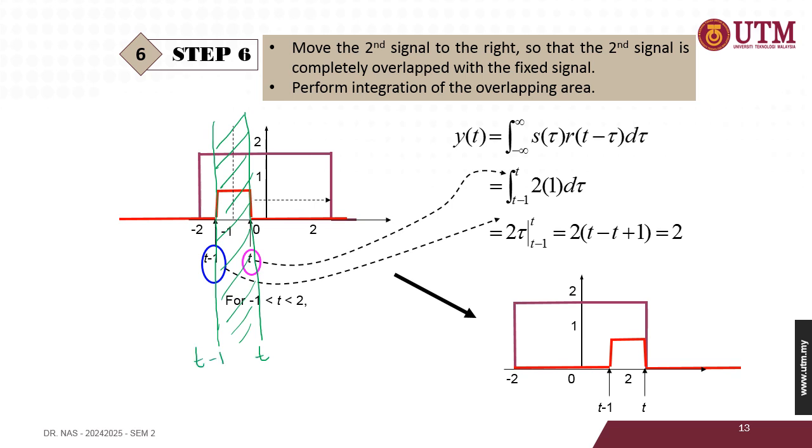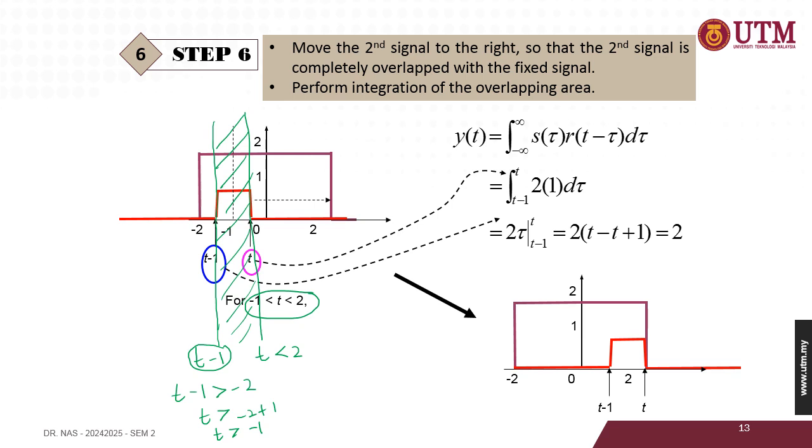So how about the range? Obviously t is less than 2, but t minus 1 is now larger than minus 2. So t in this case is larger than negative 2 plus 1, t larger than negative 1. So that's why you get this range.